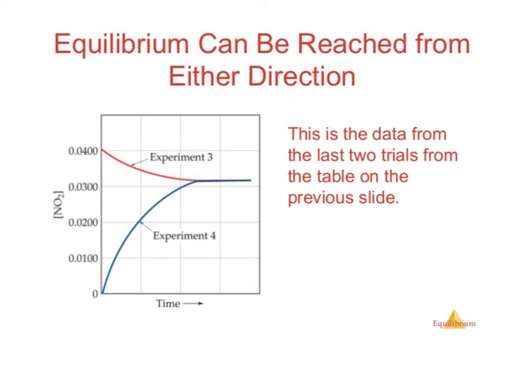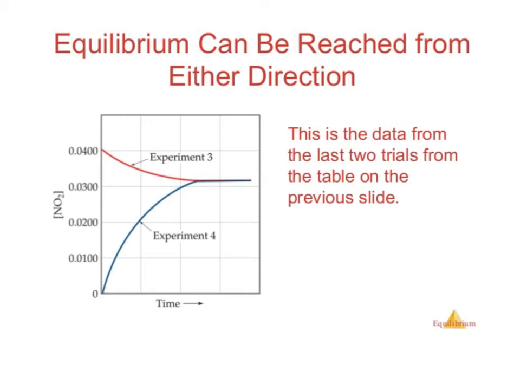Here is another picture of the same concept. So in experiment 3 here, we started with, you can see it right here, 0.04 of NO2 and no N2O4, and the concentration of NO2 decreased in experiment 3 as N2O4 increased.